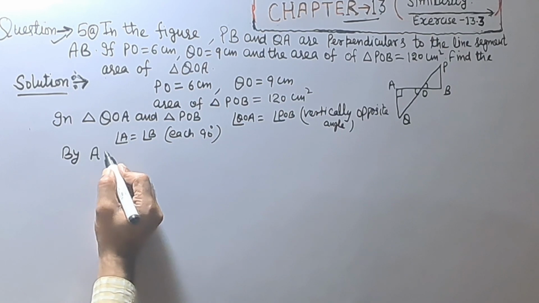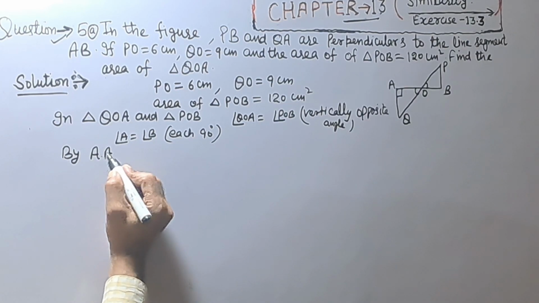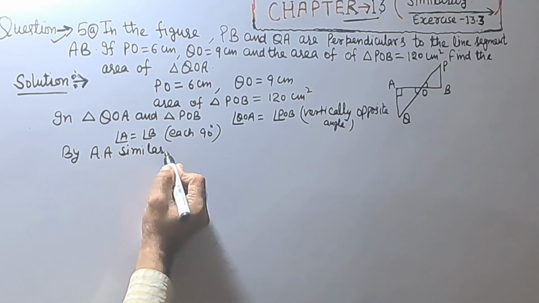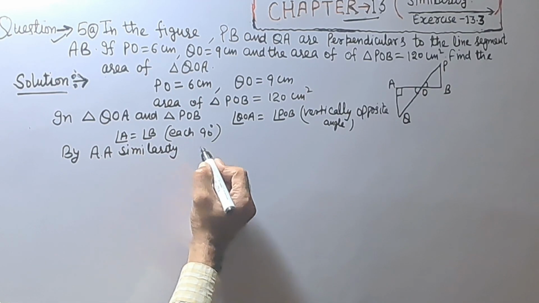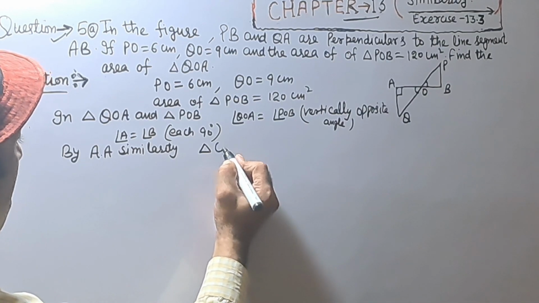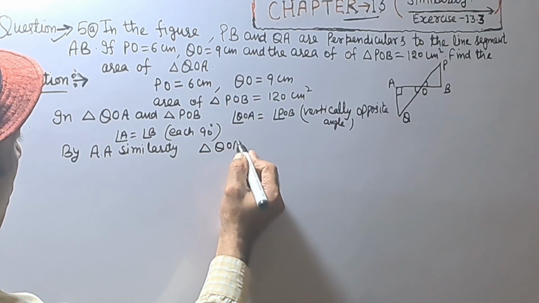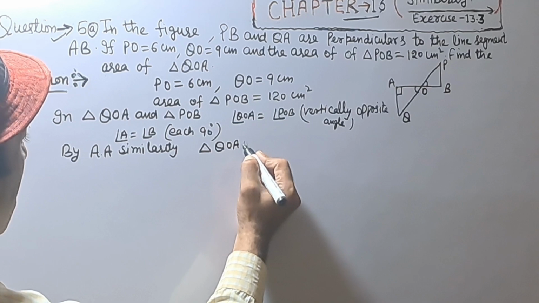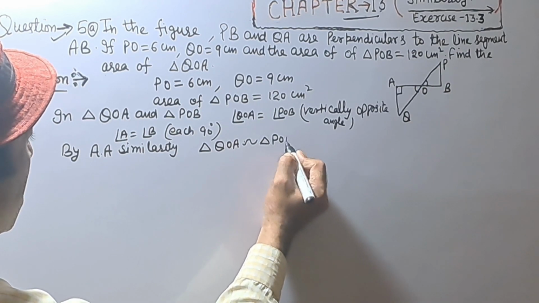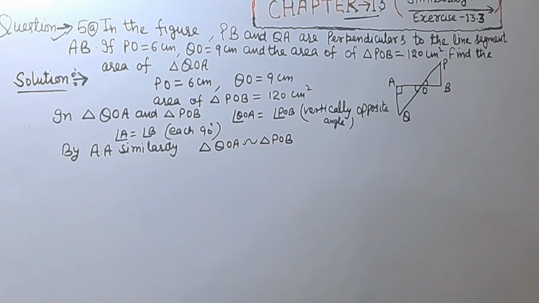By angle similarity, triangle QOA is similar to triangle POB.